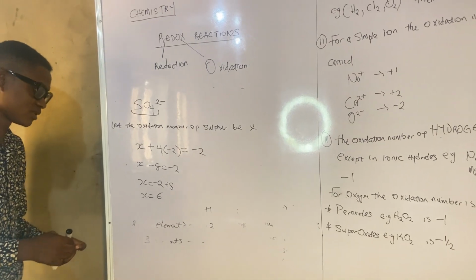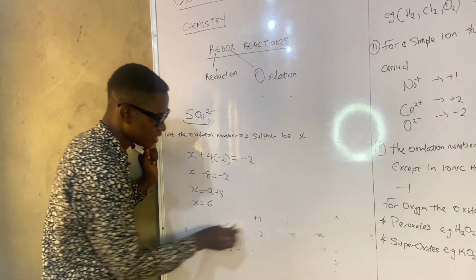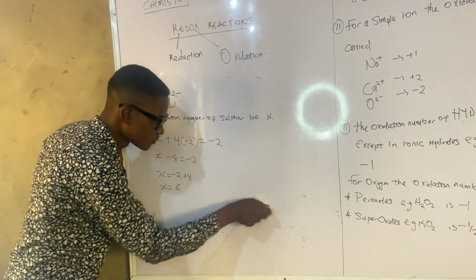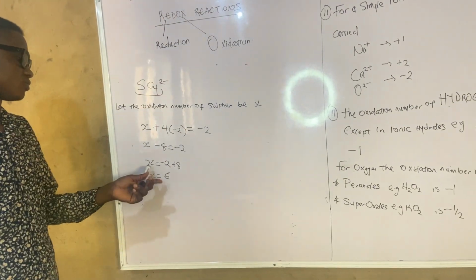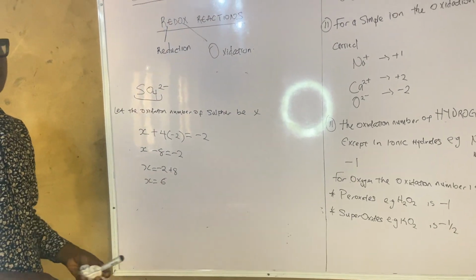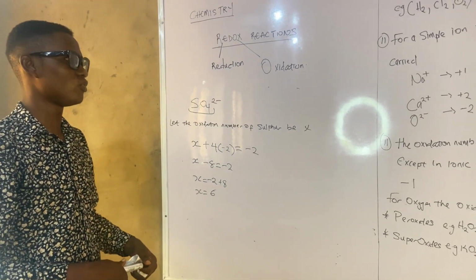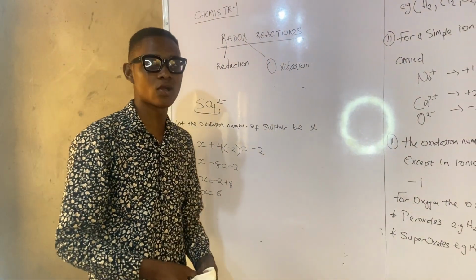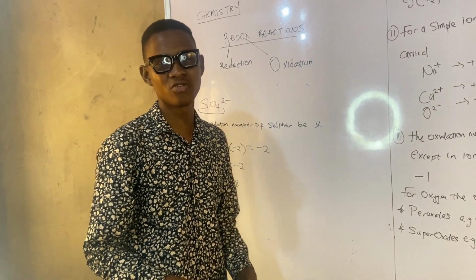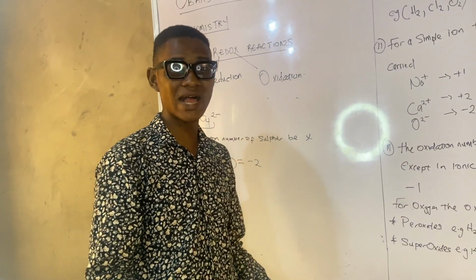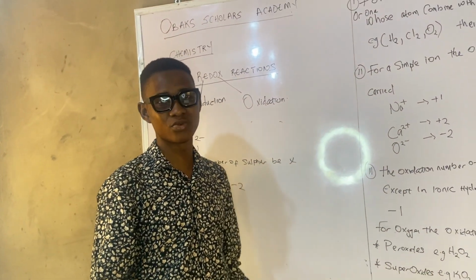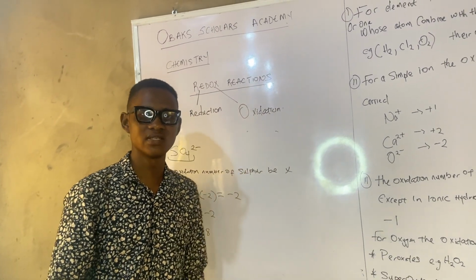Yeah, 6. So that is telling me that the oxidation number of sulfur in this ion is 6. Do you get? And we can now dive into calculation of oxidation numbers. We'll not really do much of that because they are actually easy. But let's look at some examples to keep everybody on the same page.